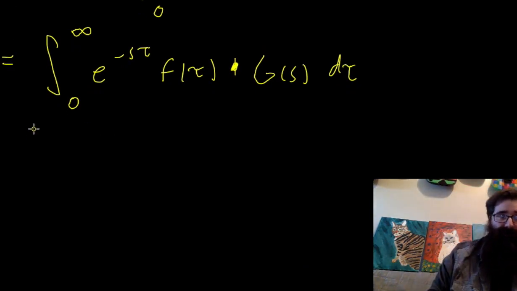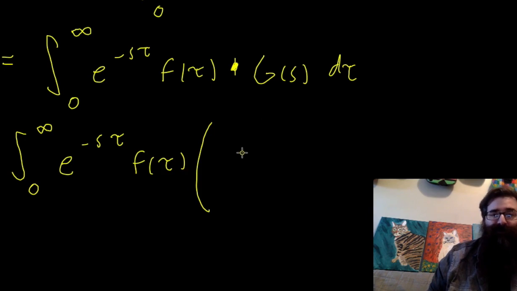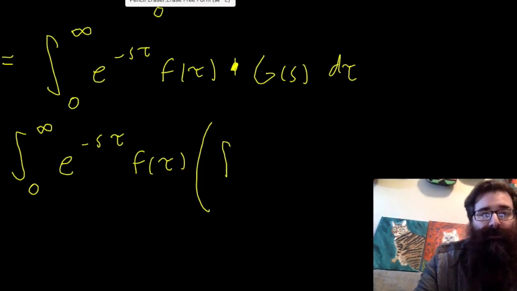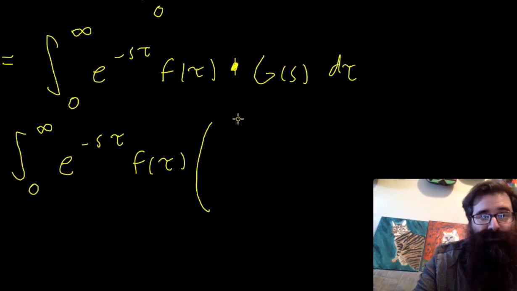So let's keep going with this. We're all feeling good. I hope you're feeling good. I'm feeling great. We got the integral from 0 to infinity of e to the minus s tau times f of tau, and then times capital G of s, which we left as, let me not be too hasty here, because we actually factored something out of it, or brought out a coefficient rather.